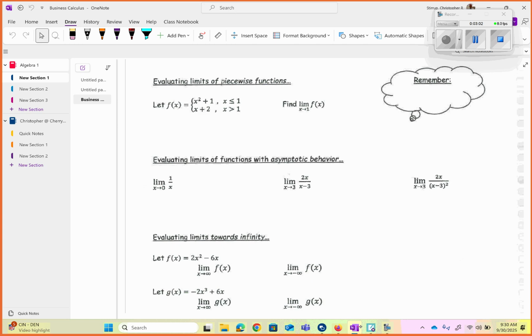Let's take a look at this very first problem. And they want us to find the limit as x approaches 1. Only one of these two equations is going to work. So we're going to use this one because we are including 1. So that's the only one we would graph.